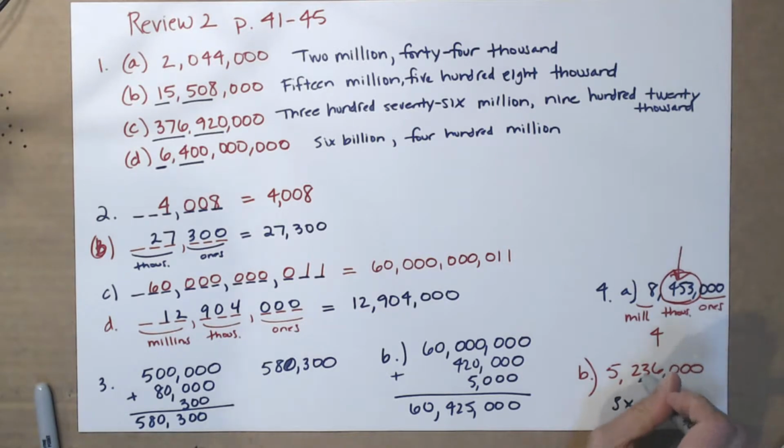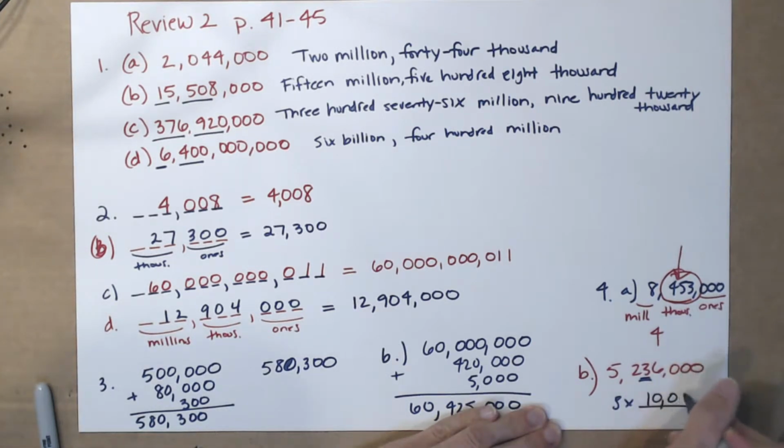So this digit 3 is in the 10,000s place because we have our thousands family here and our ones family. So the 6 is the 1,000s, the 3 is the 10,000s, and the 2 is the 100,000s. So the 3 tells us how many 10,000s we have. We have 3 10,000s. So its value is 3 times 10,000. The answer is 10,000.